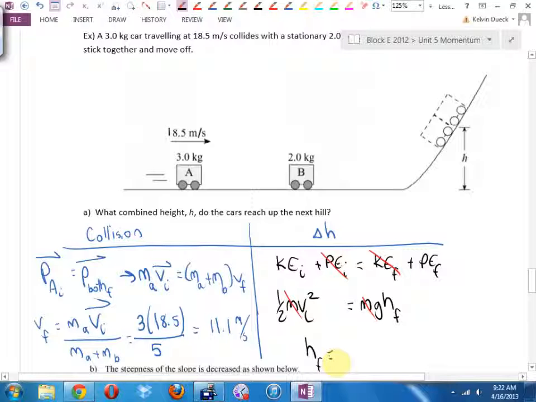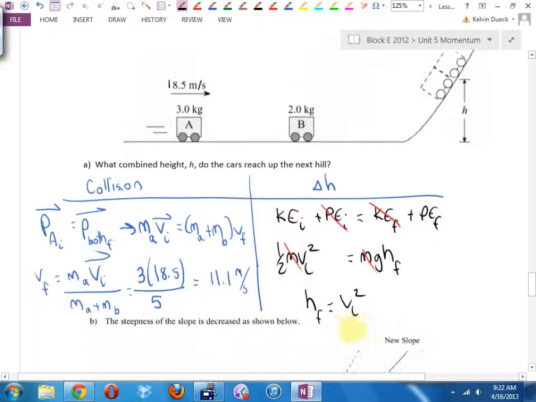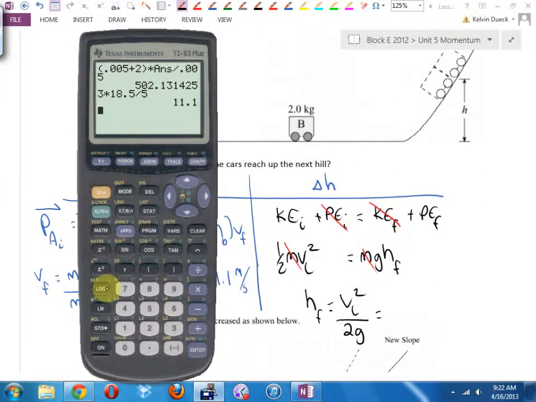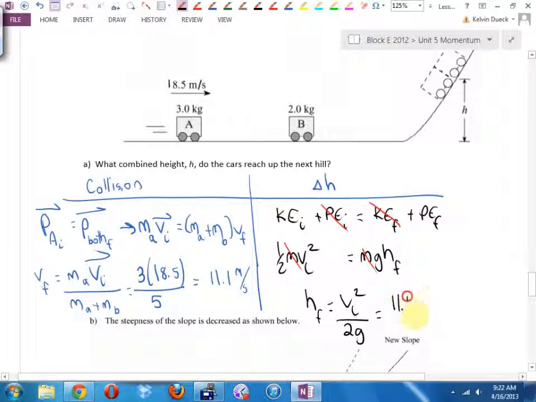It's going to be VI squared divided by 2G. It's going to be this number squared divided by 2 times 9.8. Why not negative 9.8, Mr. Dewick? Energy is a scalar, we don't care.